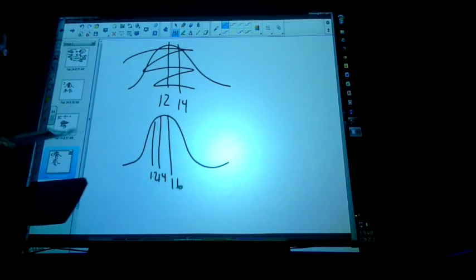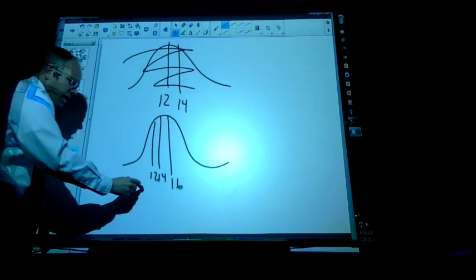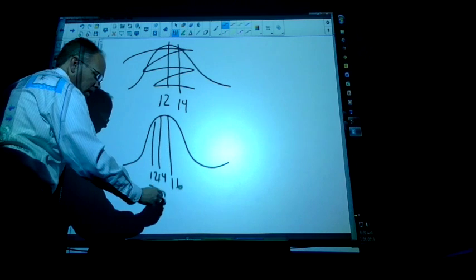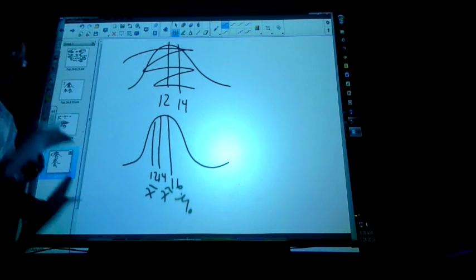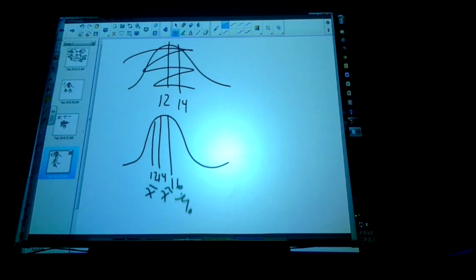It looks like this one. So the mean, the median, and then the mode is that. Skew right or skew left? If the mean is to the left of the median, skew left. Good.